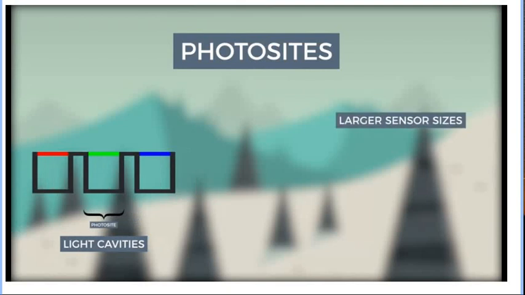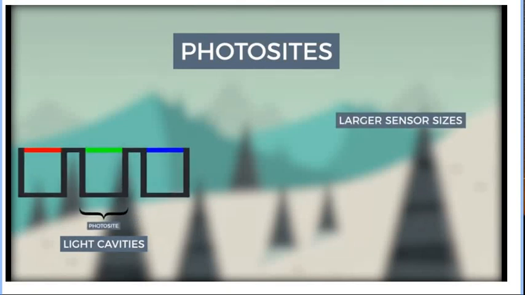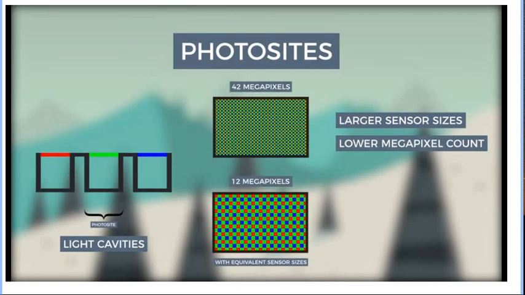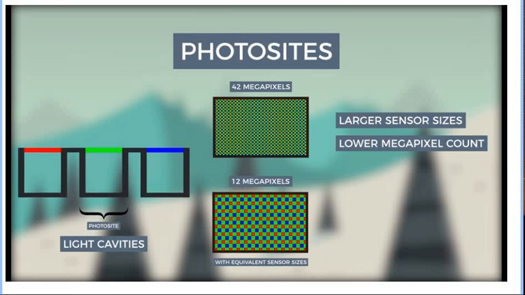Larger sensor cameras allow for larger photosites, which can gather more photons, so full-frame cameras have an advantage over crop sensor cameras. Also, lower megapixel counts mean that each photosite is allowed to take up more space on the sensor, increasing photosite size. However, older, lower megapixel sensors are not better for low-light shooting, as advances in microlens design and the silicon itself have made modern sensors more efficient.